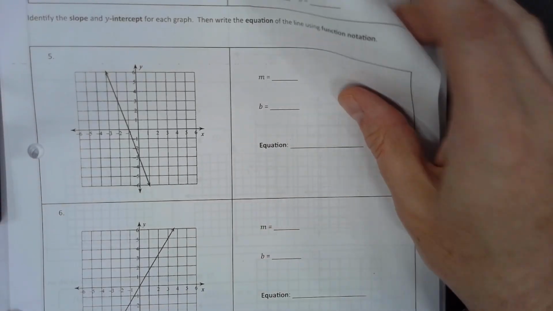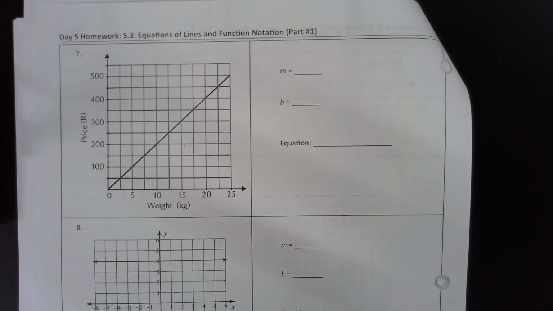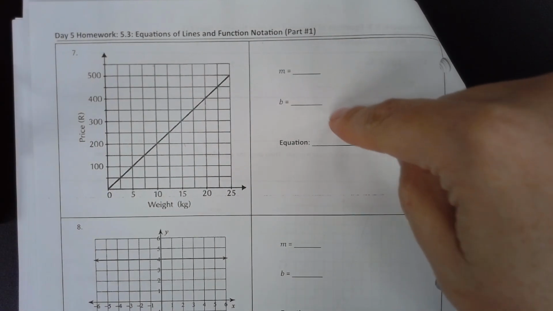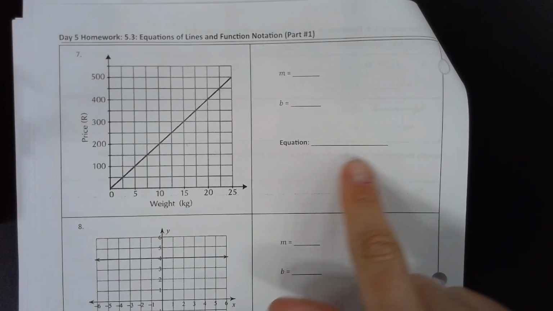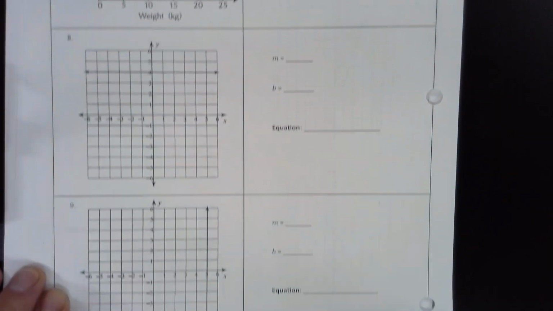All's going well until we get to the next page. Question number 7, everybody needs to put a star next to this. This one is a tough exercise, and students generally get it wrong the first time they do it. So take a look, find the slope, find the y-intercept, write your answer in function notation, give me the equation of this line.